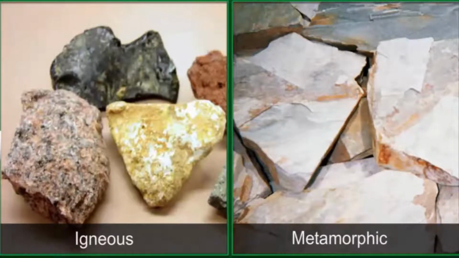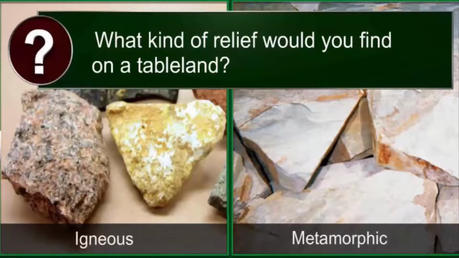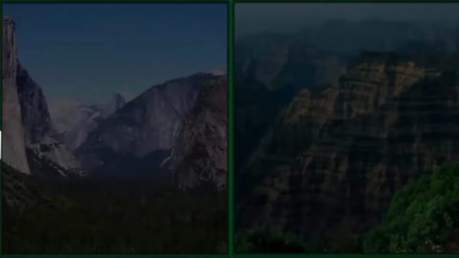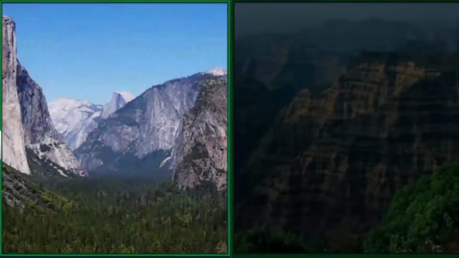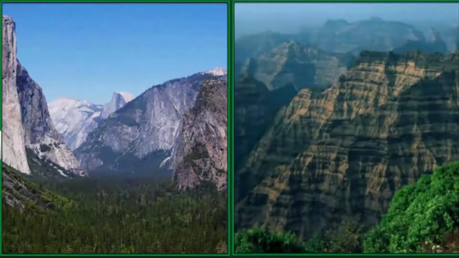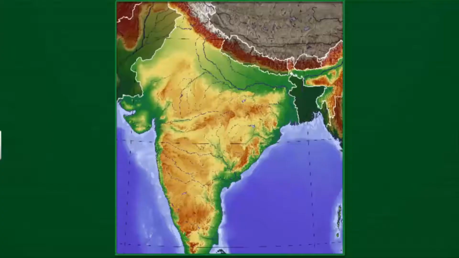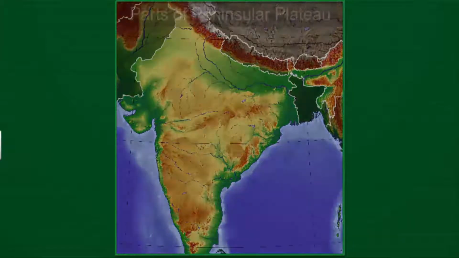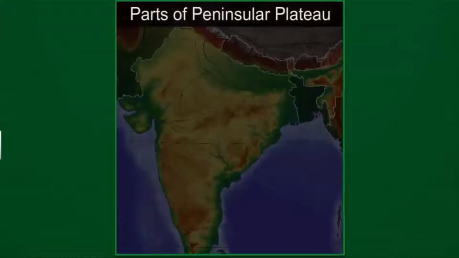What kind of relief would you find on a tableland? The Peninsula Plateau consists of both broad and shallow valleys and rounded hills. Based on the relief, the Peninsula Plateau has two broad divisions: the Central Highlands and the Deccan Plateau.